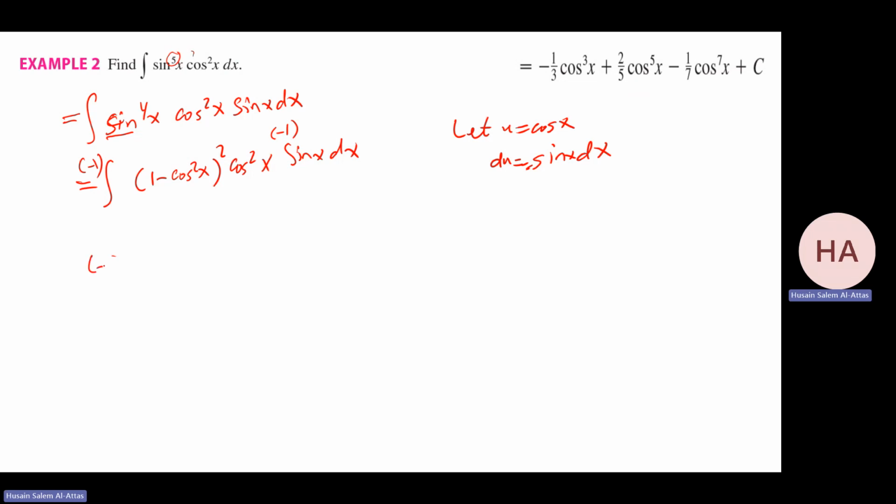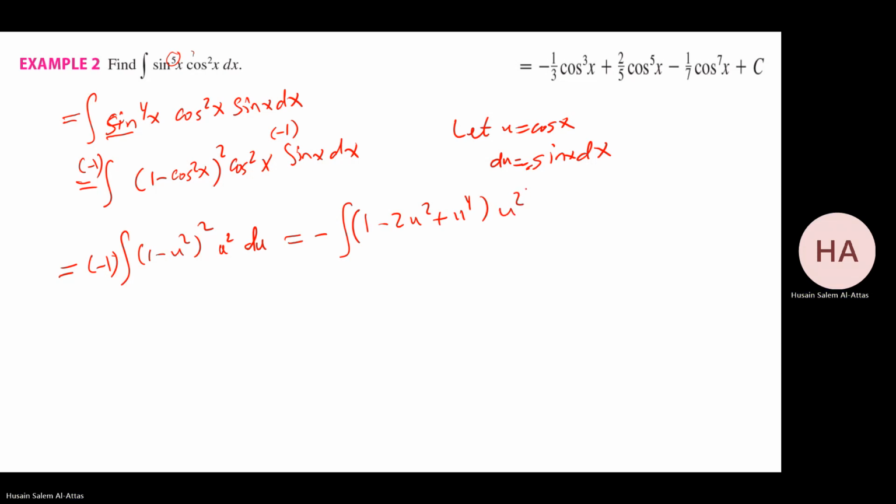So it will be minus the integral of 1 minus u squared, all squared, times u squared du. You open this: minus 1 minus 2u squared plus u to the power 4, times u squared du.